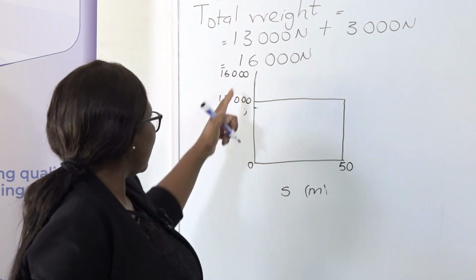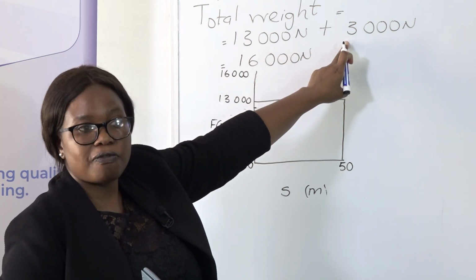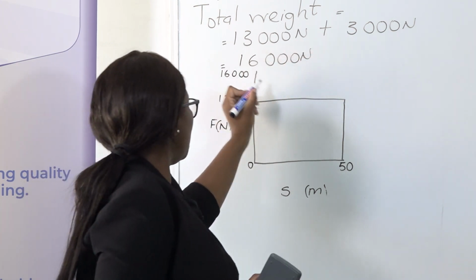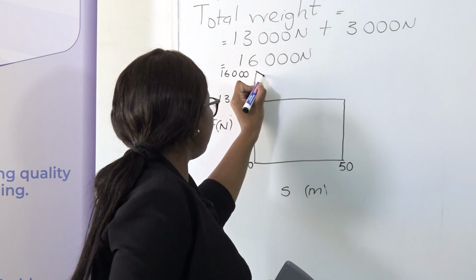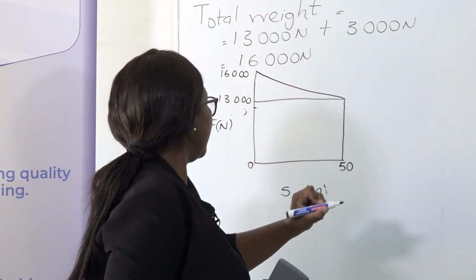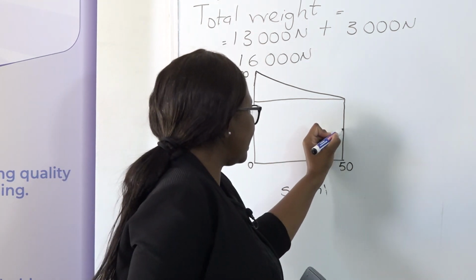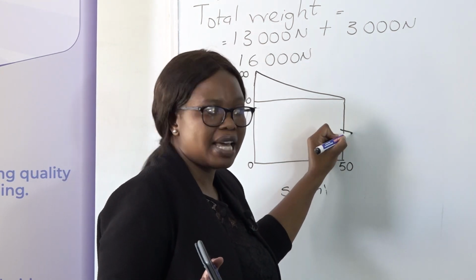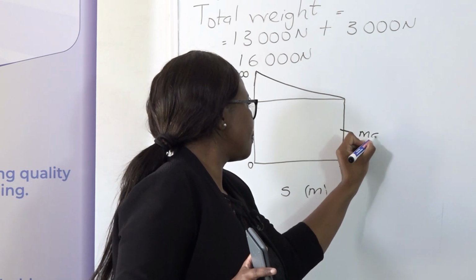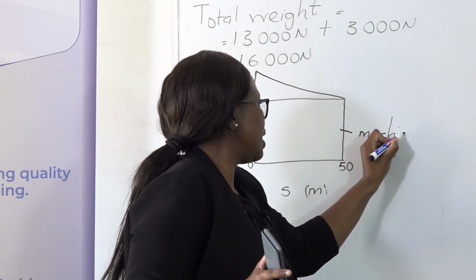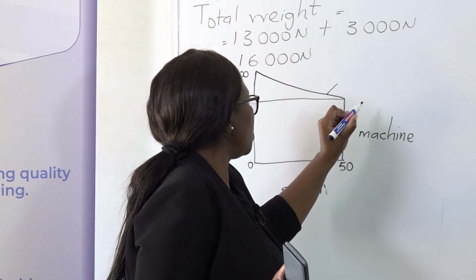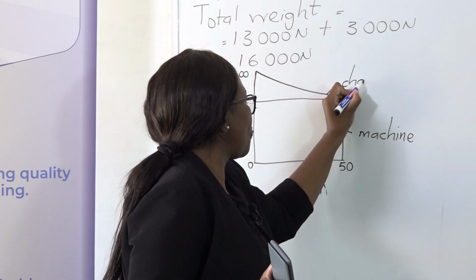That 3,000 is the weight of our chain. So here we go. We're going to use the shape of a triangle. Then we indicate that this is the weight of the machine, and on top is the weight of the chain.